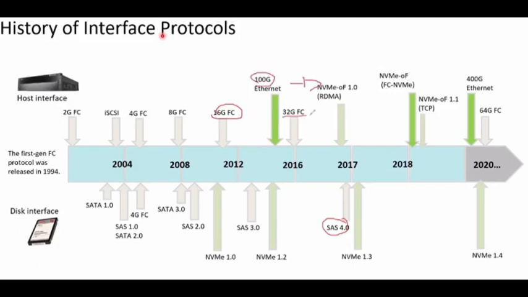There are some organizations that use 32 gigabit fiber channel, but I think Huawei supports up to 16 gigabit. I don't know whether they have gone to 32 yet. Maybe they are at 32, but the last I checked, it's still 16.